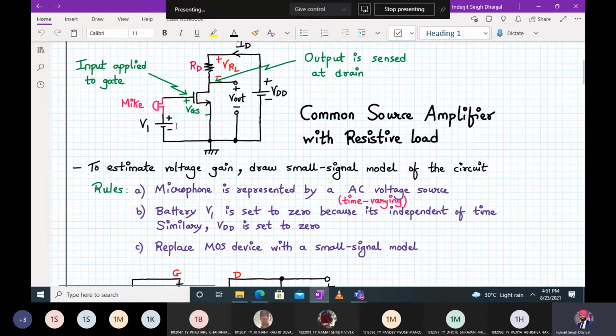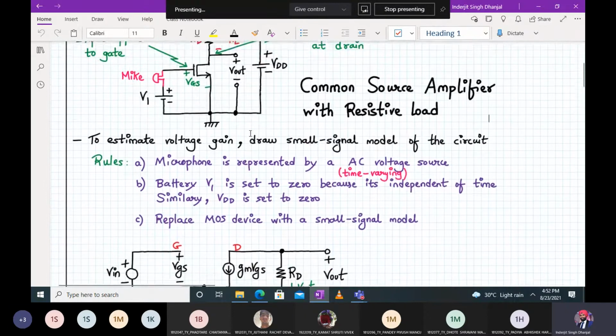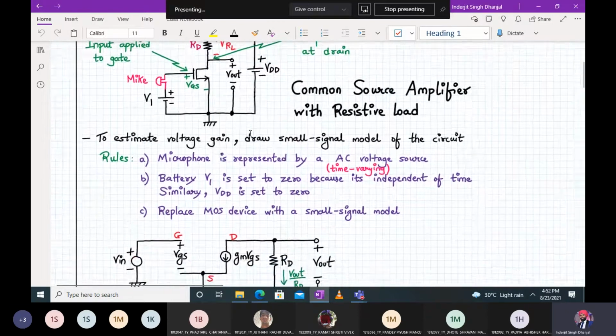Battery V1 is set to 0 because the small signal model represents only changes in quantities, or quantities which vary with time, and V1 doesn't vary with time. It's a DC quantity. Also, VDD will be set to 0. So any independent sources will be set to 0. And finally, we replace the MOS device with a small signal model. We have discussed this topic before, so let's directly jump into it.